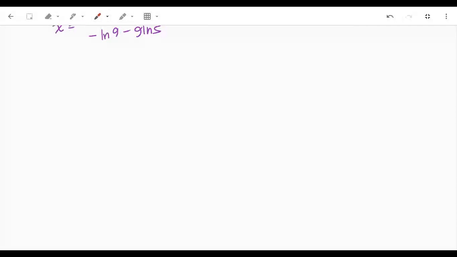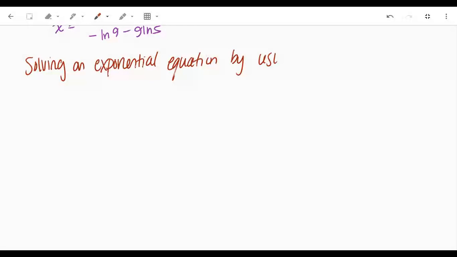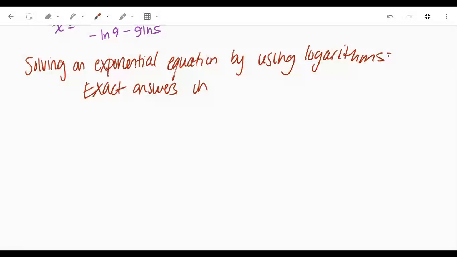Let's get to our next one. We have solving an exponential equation by using logarithms, exact answers in logarithmic form. So no calculators.